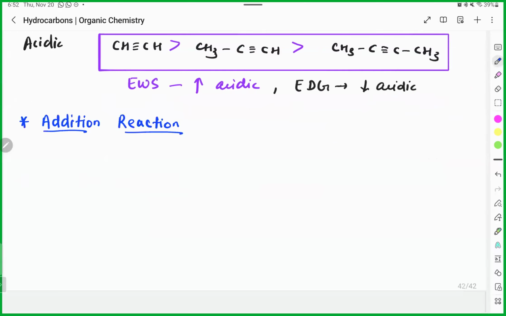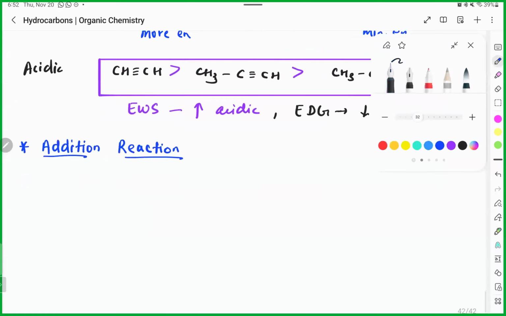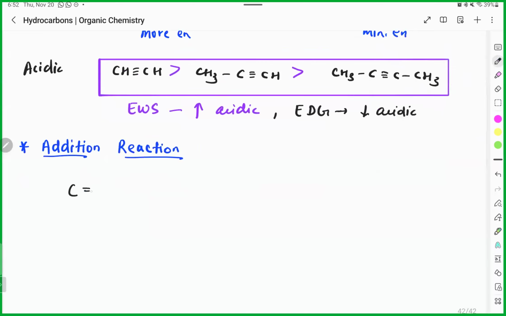Correct? So what will happen if you add any molecule like HCl or anything like that in presence of acid? Both the molecule will be added by electrophilic addition reaction.